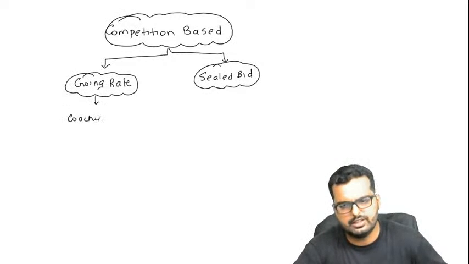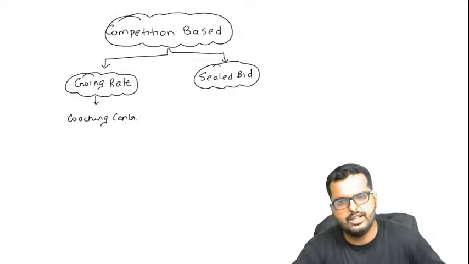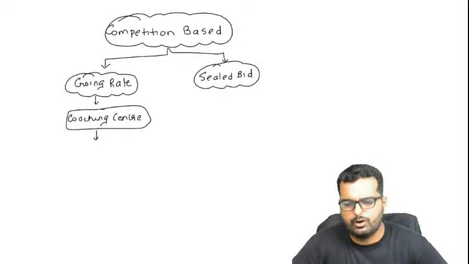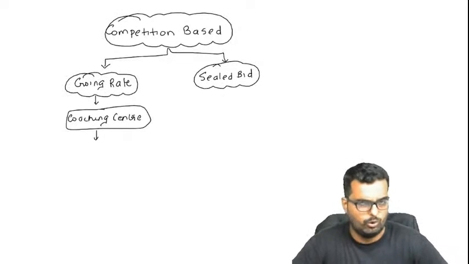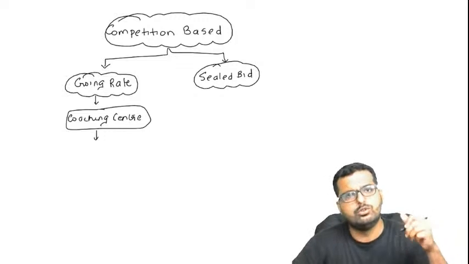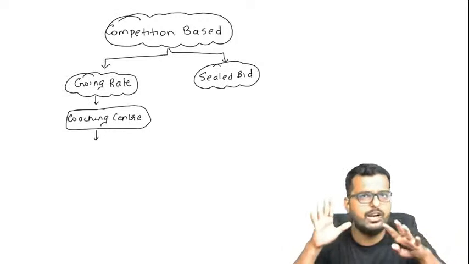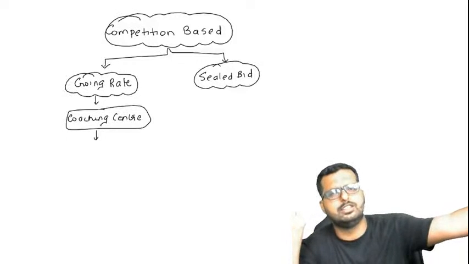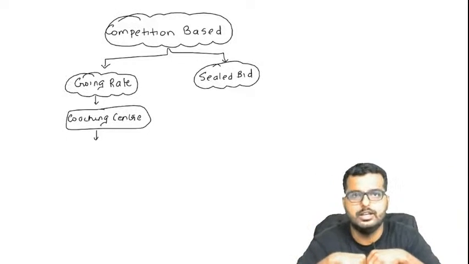All the coaching centers normally follow a going rate pricing. For example, if coaching center A is charging a fees of 10,000 rupees for, let's say, a CA final subject, coaching center B would also charge 10,000. They are not worried about the cost here. They know the person next to me is charging 10,000, I should also be charging 10,000.